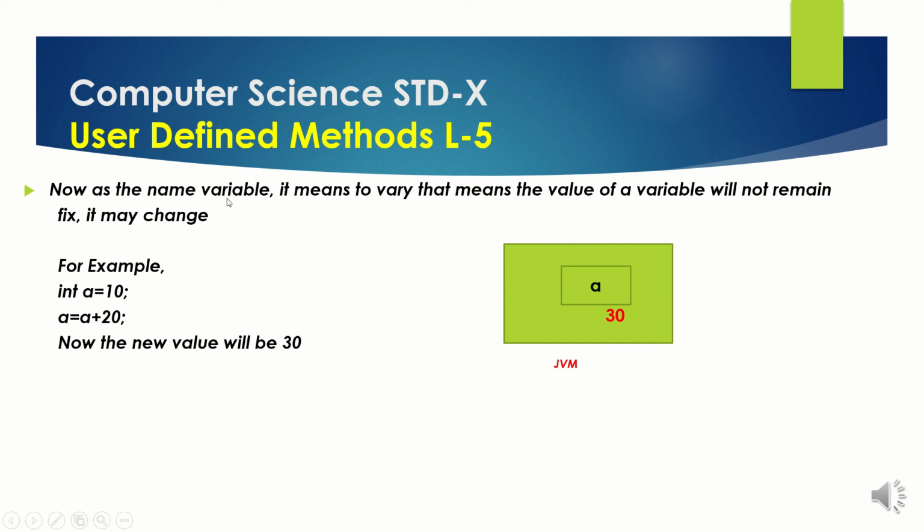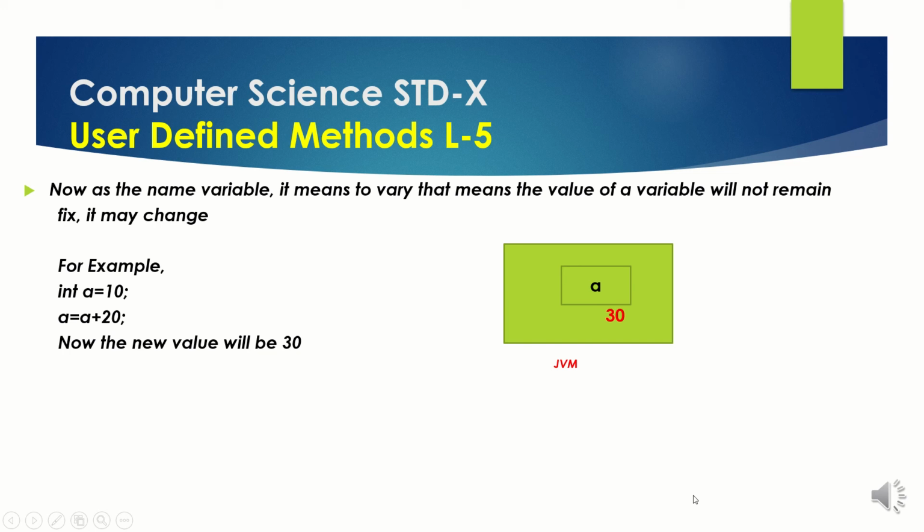So as the name variable suggests, it means to vary. The value of a variable will not remain fixed. It may change or it will change. I have shown the example here. Once the value is 30, it will overwrite the old value with the new value, that is 30. Clear?